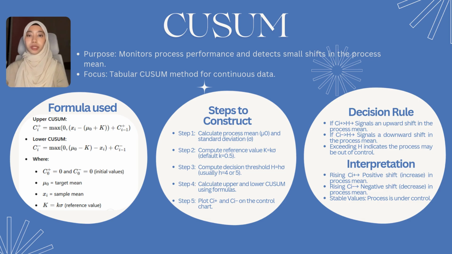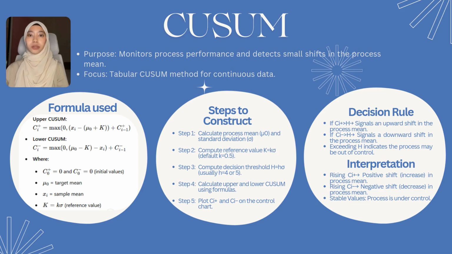So this shows the formulas for CUSUM calculations. The formula for the upper CUSUM is the observed sample mean minus, open bracket, the target mean plus reference value k, close bracket, plus the upper CUSUM value from the previous observation. If the sample mean exceeds the target mean, the CUSUM value increases, indicating a potential upward shift in the process mean.